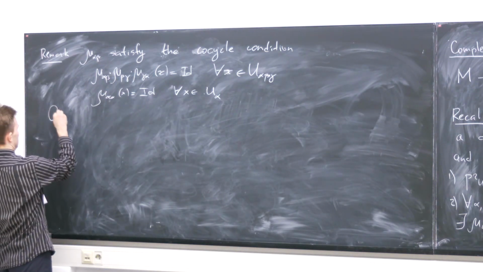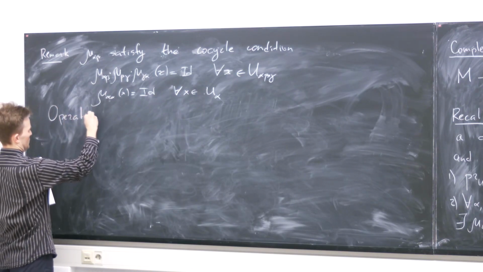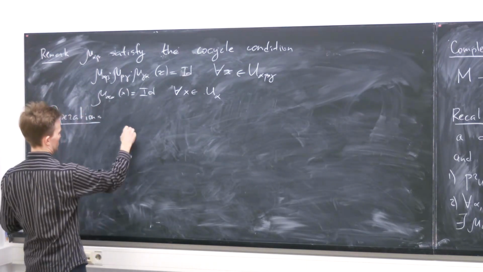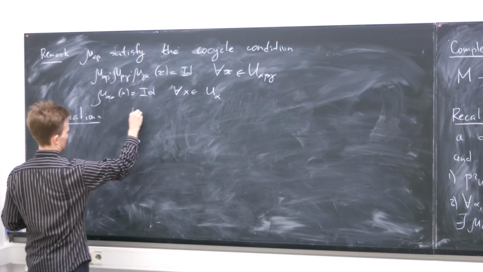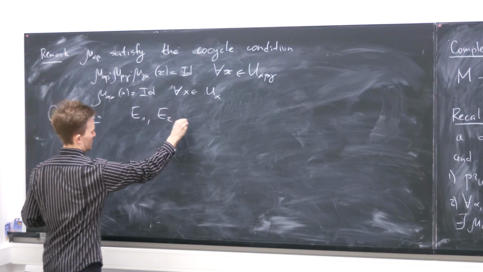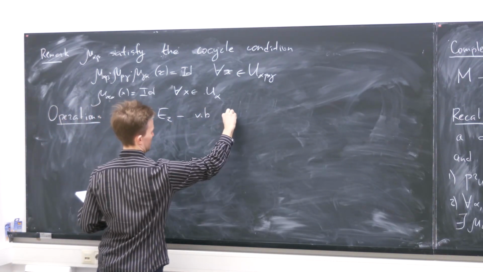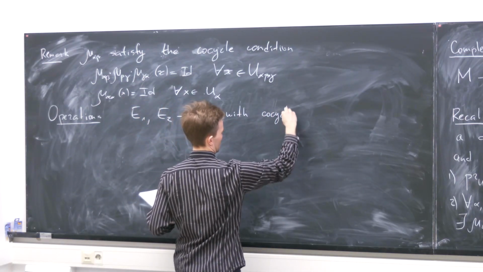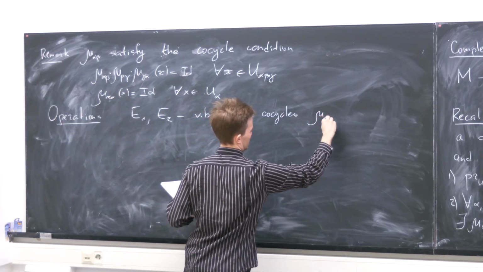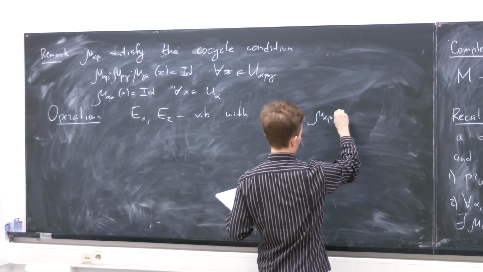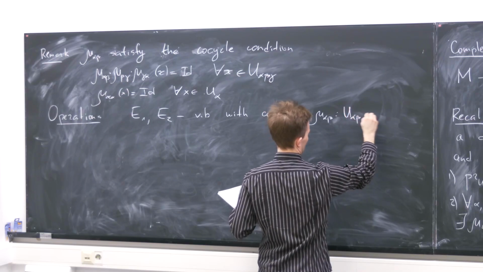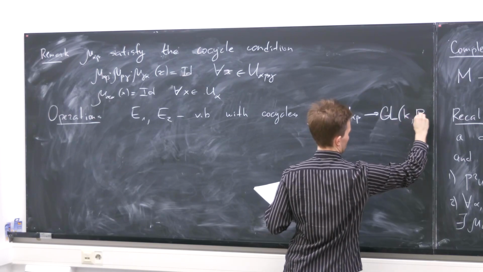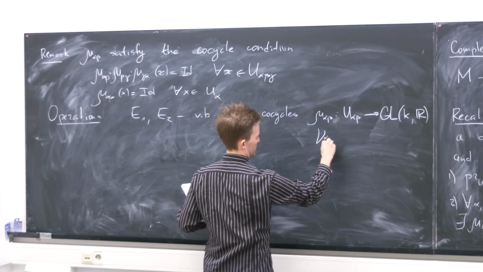So what are the operations on vector bundles that we can apply? Let's say we have E1, E2, two vector bundles with co-cycles mu alpha beta and, let's say, nu alpha beta.